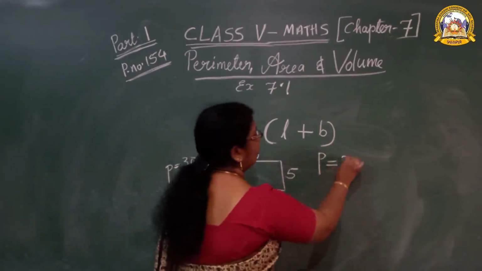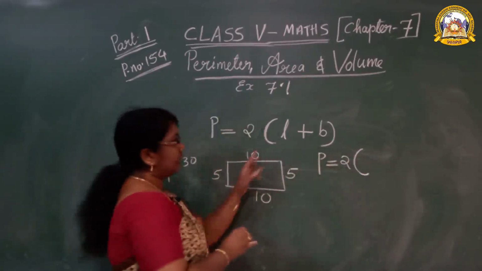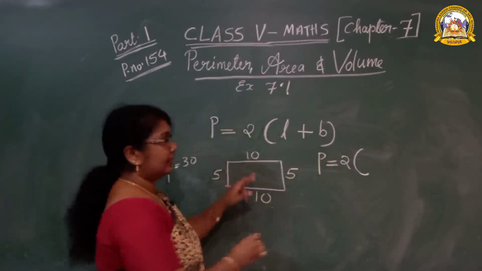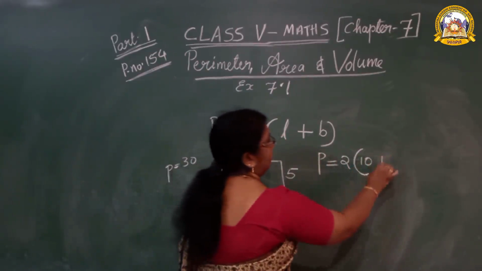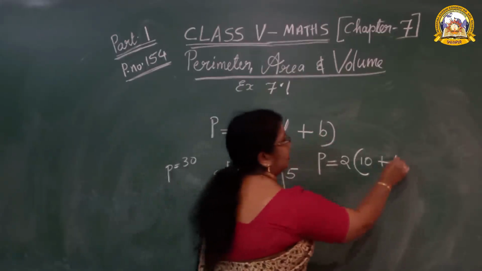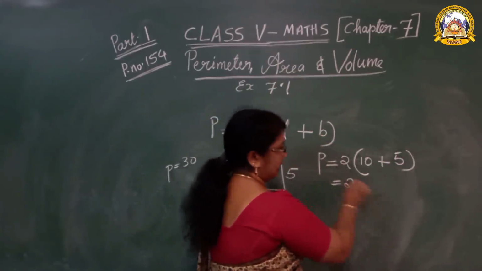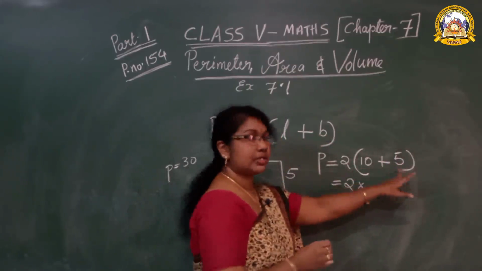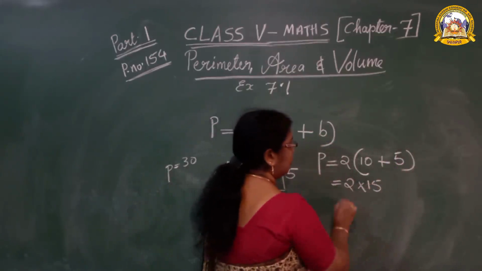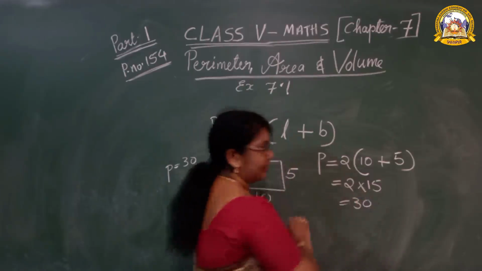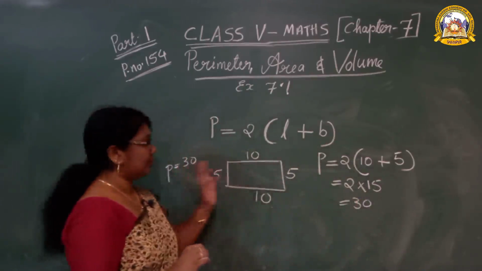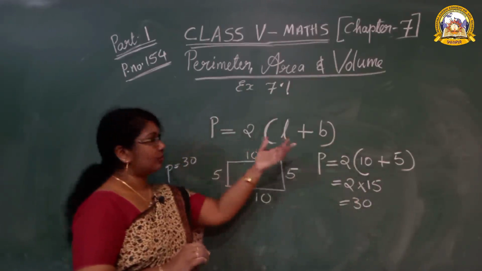So how to solve with the formula? P is equal to 2 multiplied by (L, the length, 10 plus B, the breadth, 5) is equal to 2 multiplied by (10 plus 5), 15. 15 2s are 30. So you get the same answer.